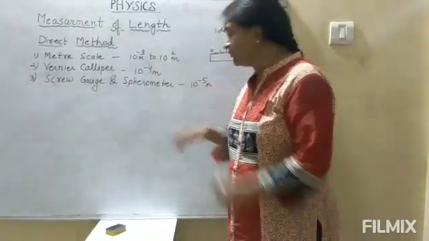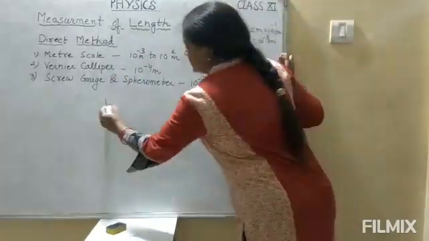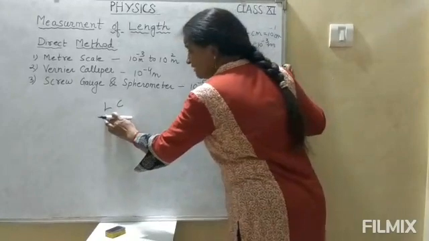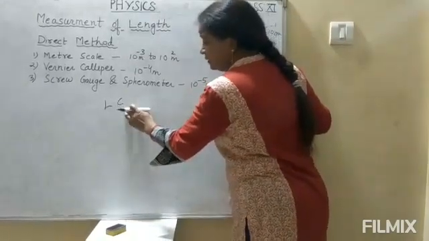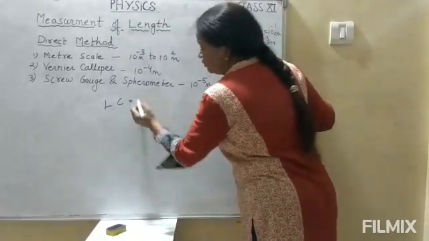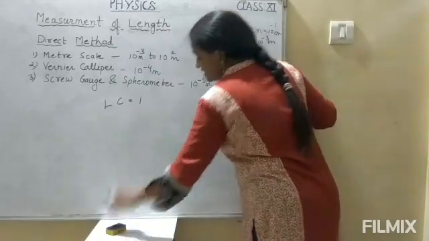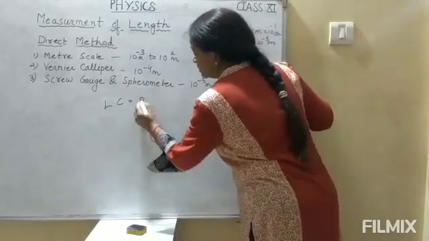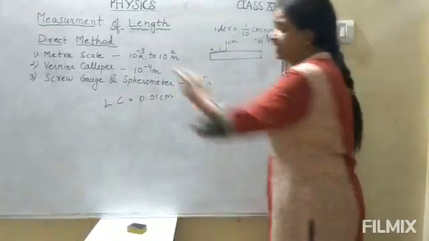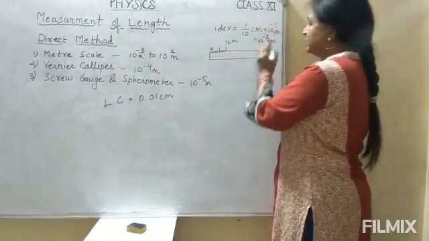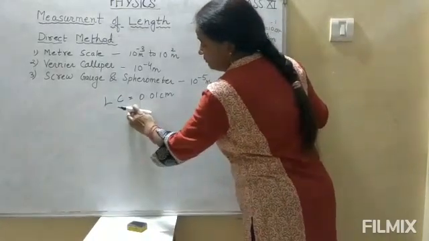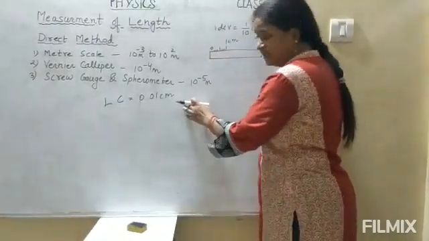The least count of a meter scale is 0.1 centimeter, and the least count of vernier calipers is 0.01 centimeter.